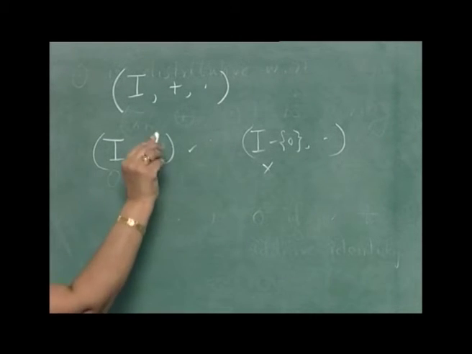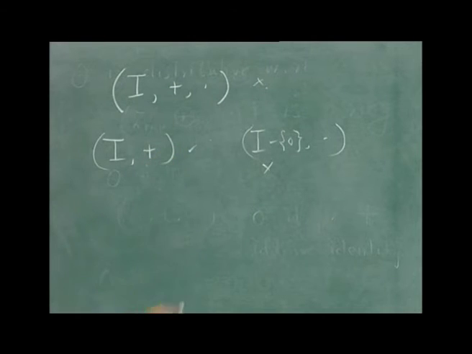You have to define it as 1 by 3, because 1 is the multiplicative identity, but that is not an integer. So, here the existence of inverse we cannot prove. So, this is not a group.